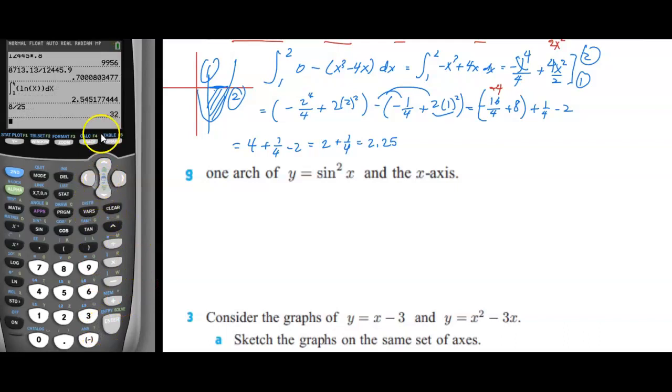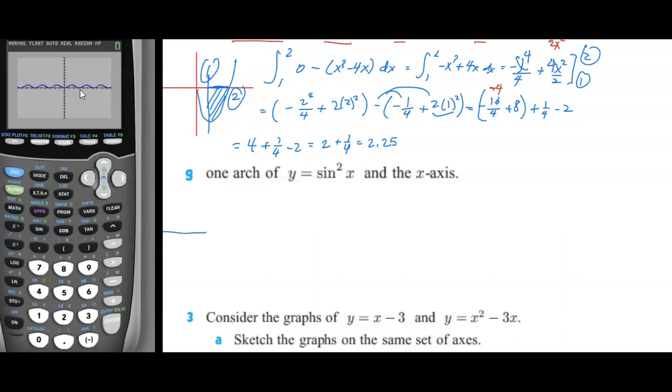Okay, that was a fail. Unfortunately, since this touches the x-axis and goes back up, the calculator is incapable of finding this point because the calculator actually needs the thing to get close to the x-axis and stay there for a second so that it can figure it out. So what we're going to do is we're going to use algebra.